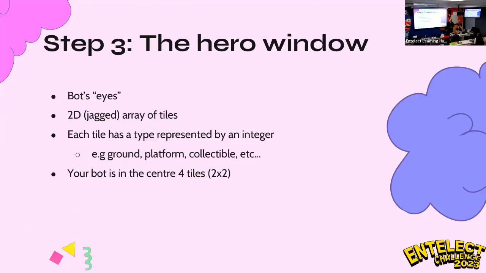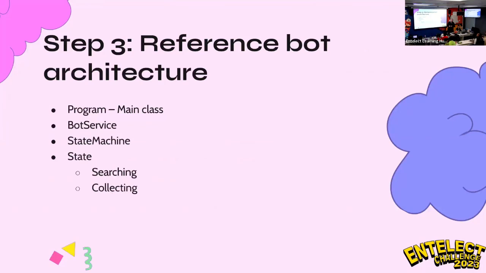Each tile is an integer that represents the type. You can find all those details in the object type enum in the engine source code, but I do list it here later. And then the middle 4 tiles are your bot, so it's 2 by 2. You'll notice that the hero window is an even number by an even number, so those center 4 tiles represent your bot.